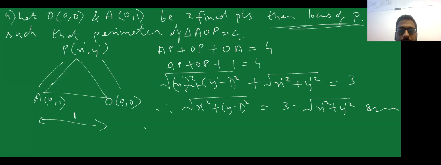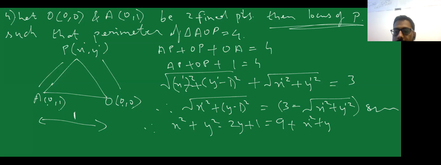Squaring this, the square root would cancel out, so x square plus (y minus 1) the whole square, that is y square minus 2y plus 1, and this would be 3 square, the whole square, so 3 square is 9 plus b square is this, so x square plus y square minus 2 times ab, so minus 2 into 3, that would be 6 into under root x square plus y square. Simplify the terms which are getting cancelled out, so this is getting cancelled out, 9.